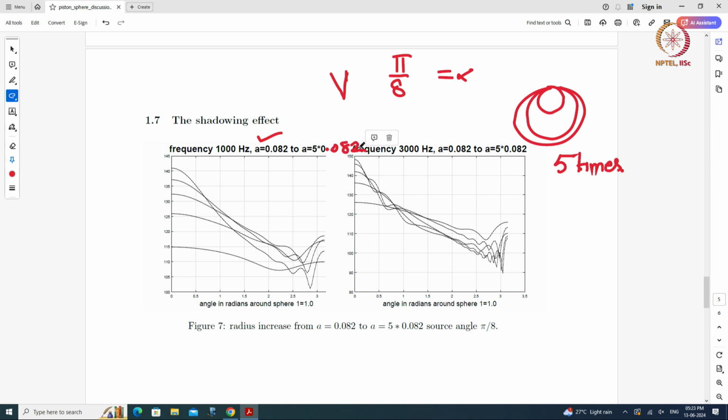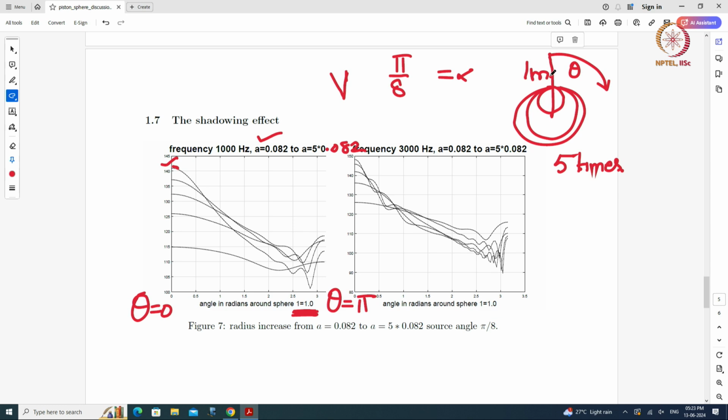Now you can see that at the highest increment of the radius, how sharply the sound field drops. So we are measuring 1 meter from the source, from theta equal to 0 to theta equal to pi, at a distance of 1 meter from the center.